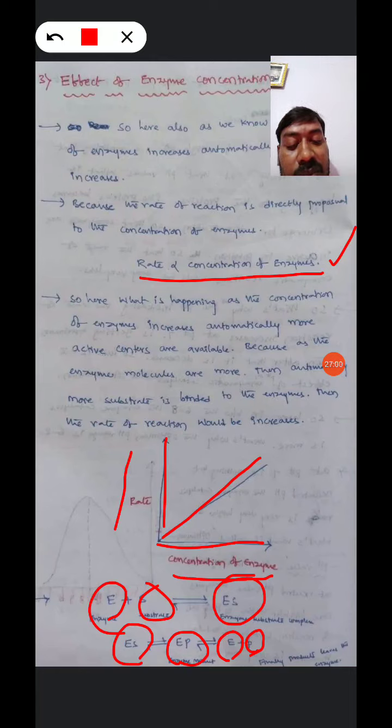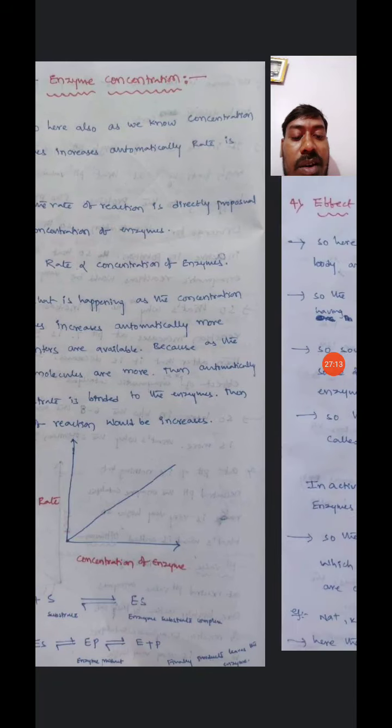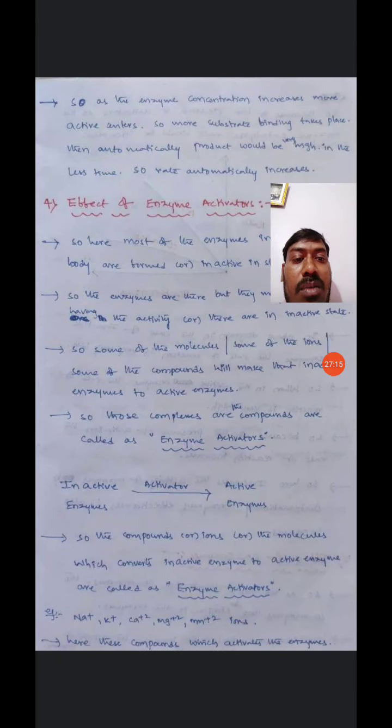This free enzyme again reacts with or binds to the substrate, and again forms the enzyme-substrate complex.